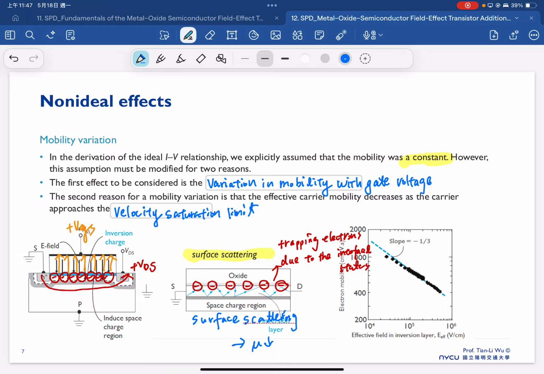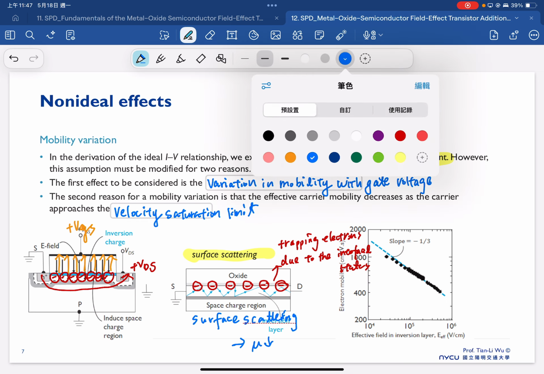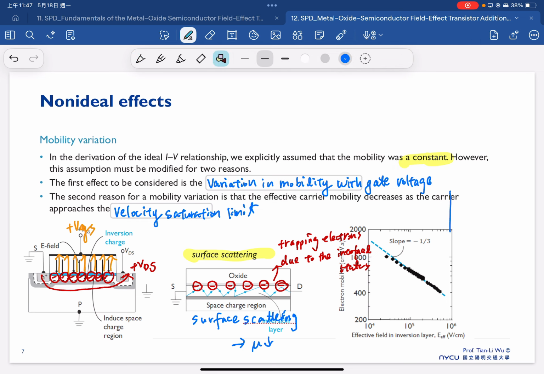Normally, if you plot mobility versus electric field, originally we expect a large electric field to give large mobility, but beyond a certain condition, we will see the saturation here. This is what we call velocity saturation.